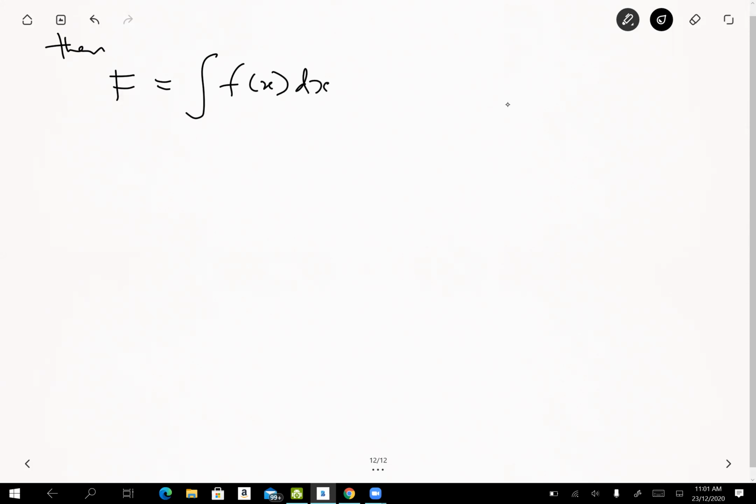Now, when you talk about the definite integral, we are integrating this in the interval from point a to point b. So this is called x0, and this is x1. x0 is the first point, so that is a, and that's b, integral of f of x dx.